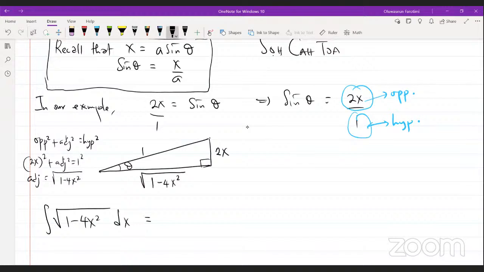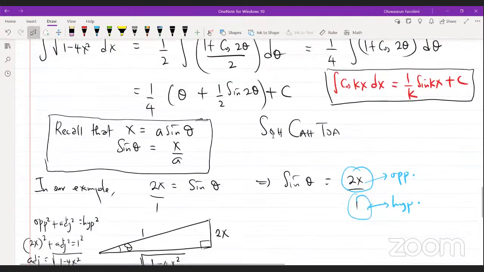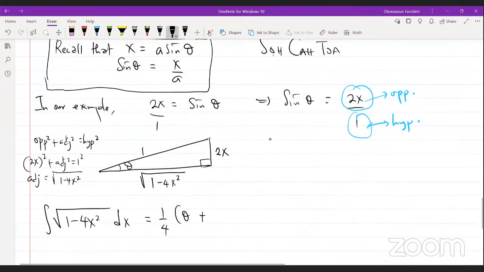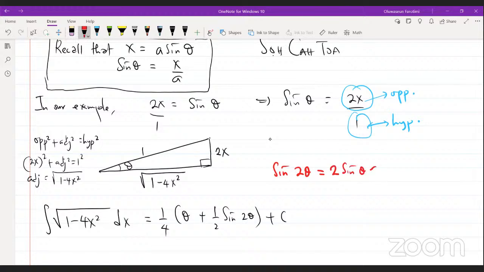The integral of square root of 1 minus 4x squared dx. When we solve this guy, we actually got a 1/4 theta plus, let me back up a little bit, 1/2 sine 2 theta, right, plus c. But what do we know, guys? Do you guys remember that sine of 2 theta is actually going to be 2 sine theta cosine of theta?